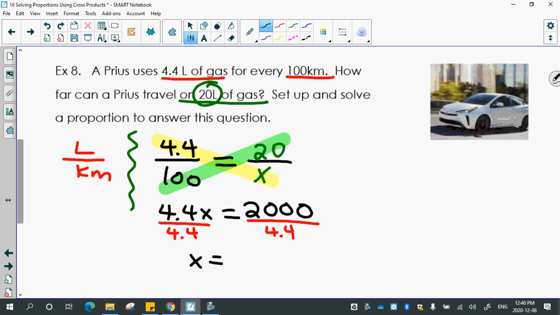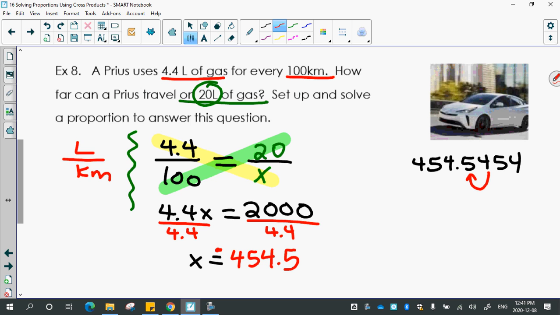Again, I get a decimal. So I get 454.5454. This time I'm looking at the 4, and it's telling me how to round that. This 4 tells me to keep the 5 the same. So approximately, with my dot, 454.5.